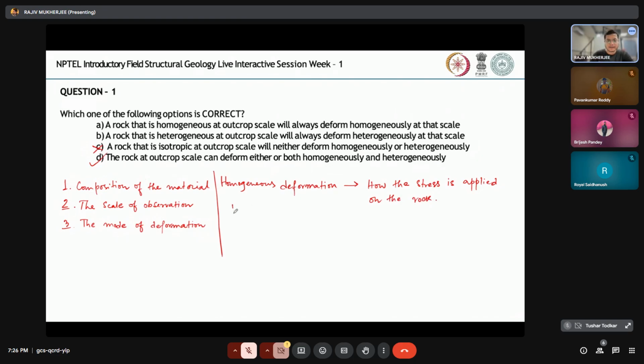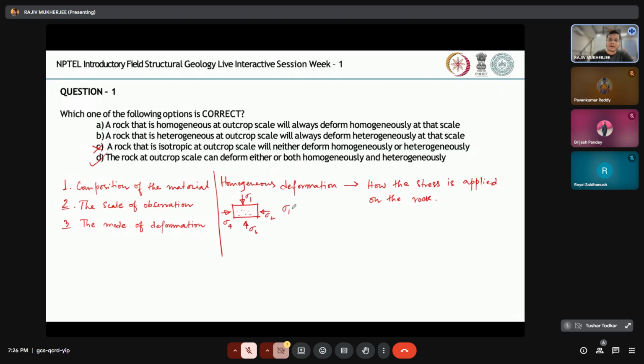So suppose a material is like this, and you are compressing it from each side. Now, if these are sigma 1, sigma 2, sigma 3, sigma 4, I'm just hypothetically writing, these are the stresses from all the directions acting on the sample, right?